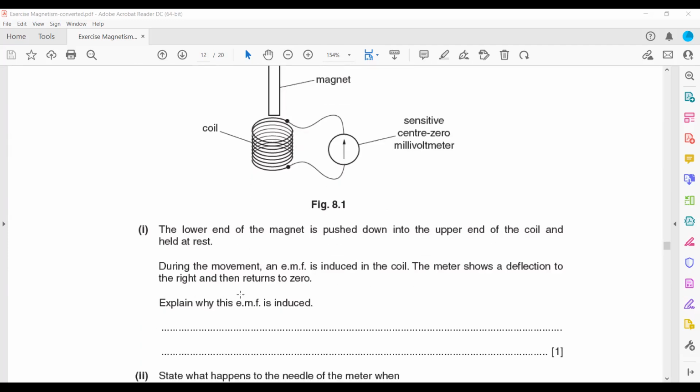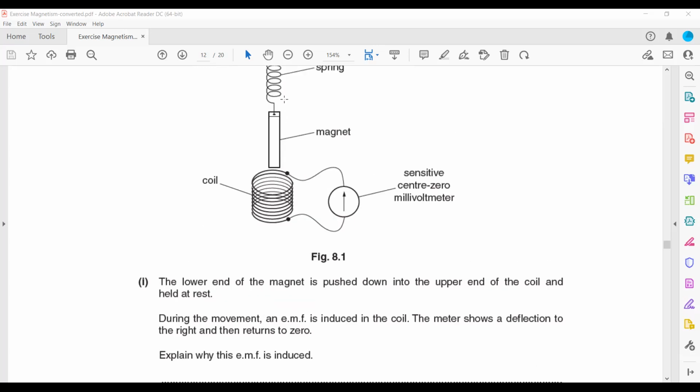So the lower end of the magnet is pushed into the upper end of the coil. So we push this lower end and it is held. During the movement, the EMF is induced in the coil and the meter shows a deflection towards the right and then returns to zero. So first what we did right now, we move this magnet down and then we stopped.